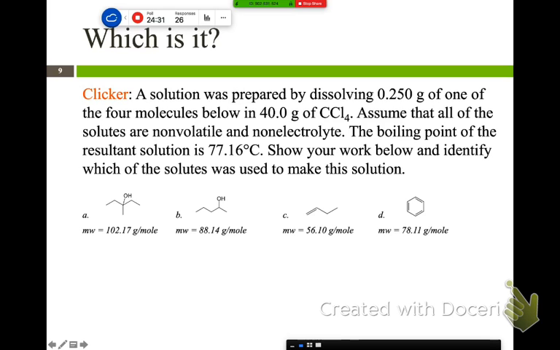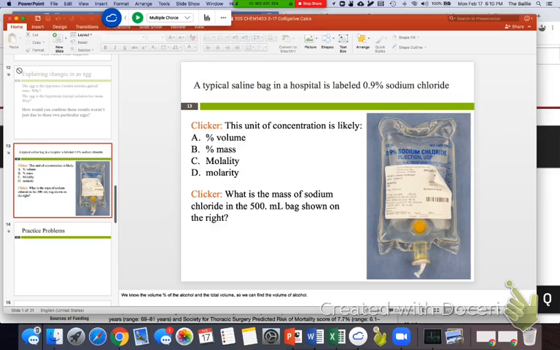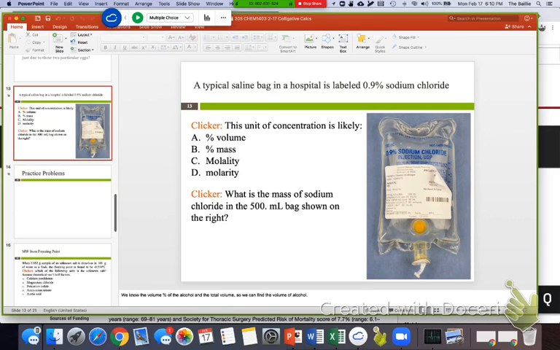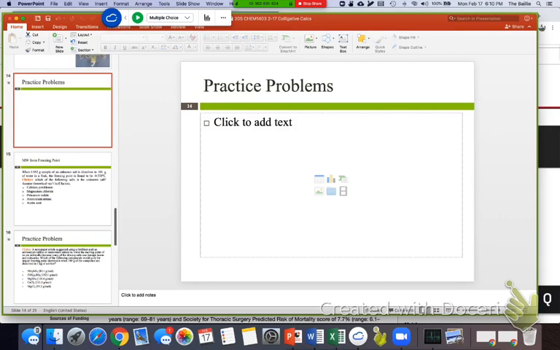So let's spend the last couple minutes of class with me talking, since it's obviously so clear. No, but seriously, at the end of this slideshow, I have a number of practice problems. So if you feel like, okay, I kind of get it, but I want to practice some more on my own, there are some problems here.